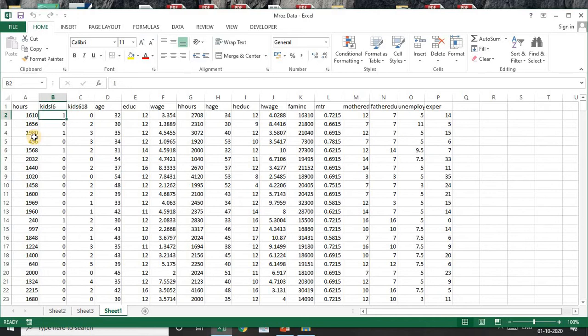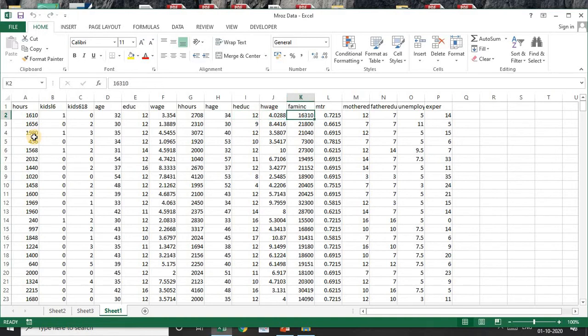She has one kid under 6 and no kid between 6 and 18. Her age was 32, education was 12, and the wage was 3.34. The husband's hours of work were 2,708, his age was 34, his education was 12, and his wage was 4.